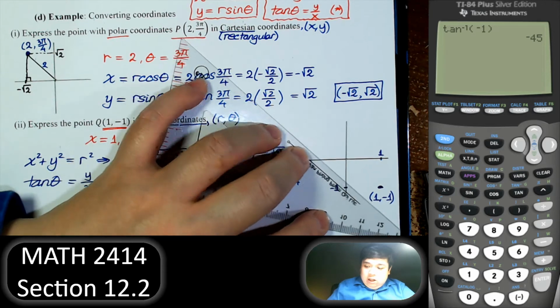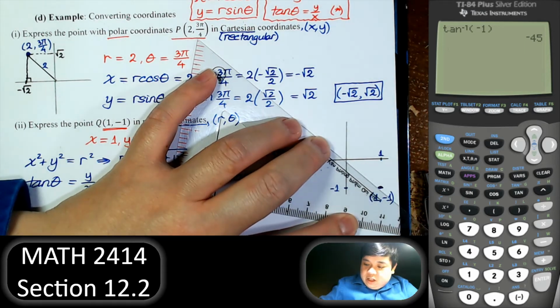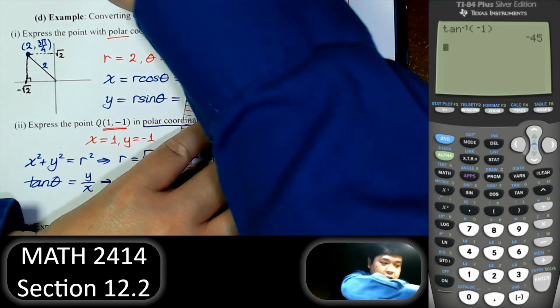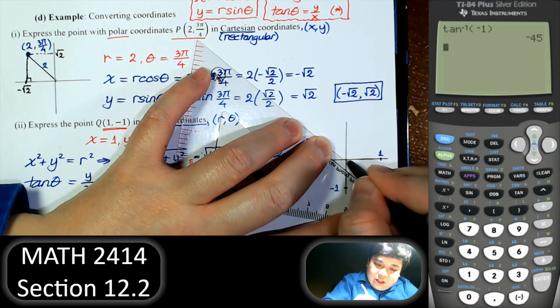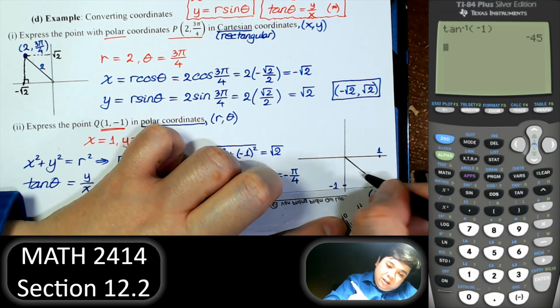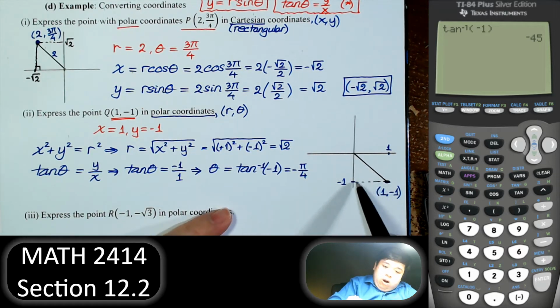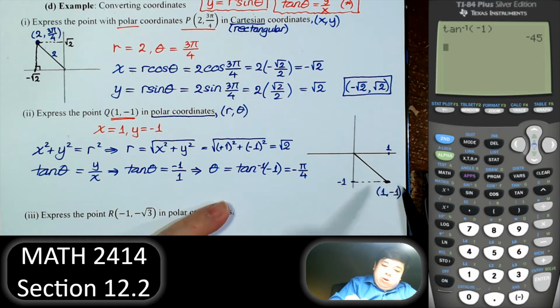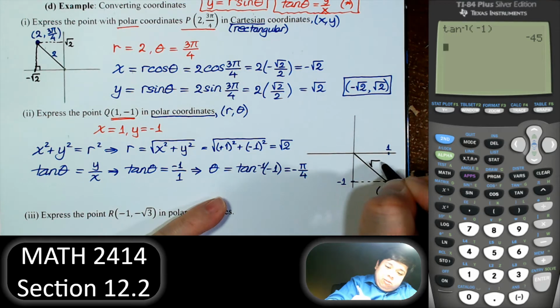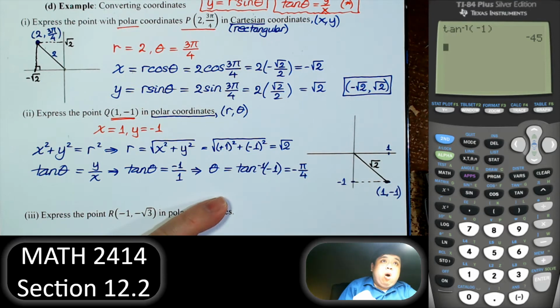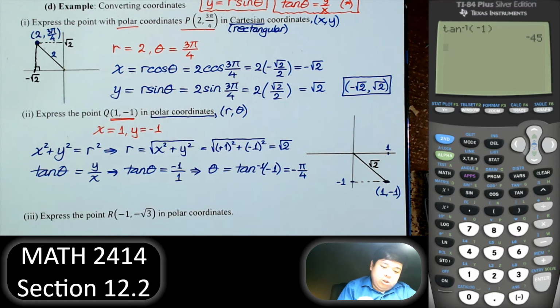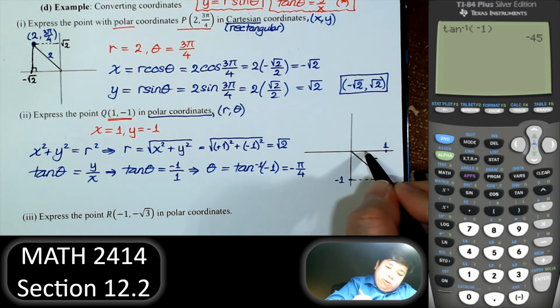So if we want to turn this into r and theta, so the distance, if this is 1 and this is also 1, then we have square root of 2 as the hypotenuse, which is correct, so that's good. And the angle is negative pi over 4.